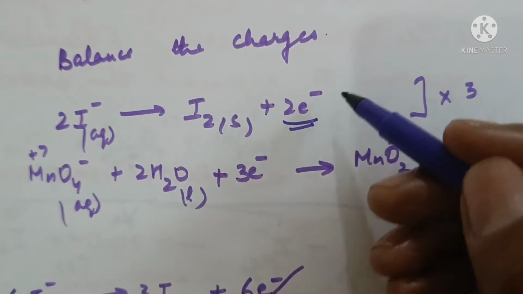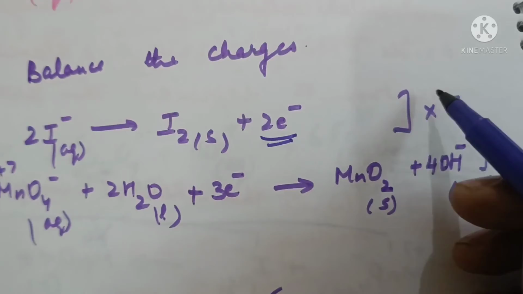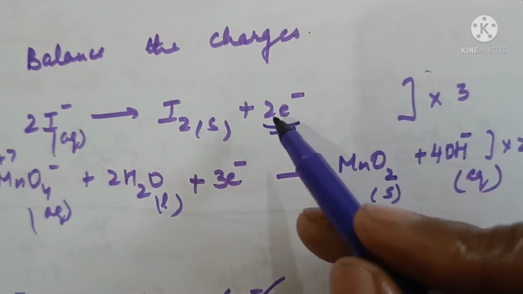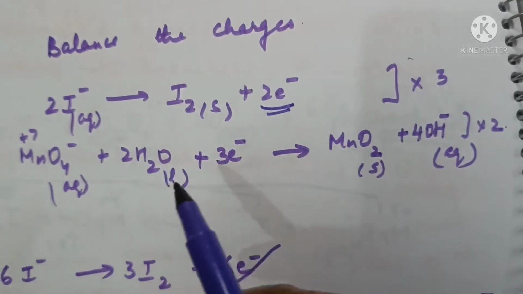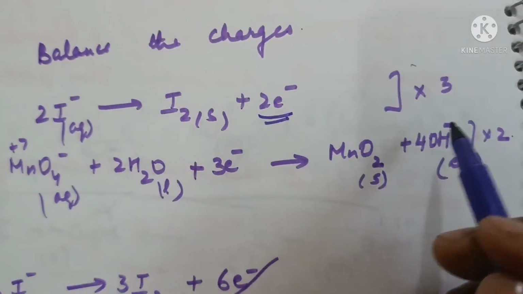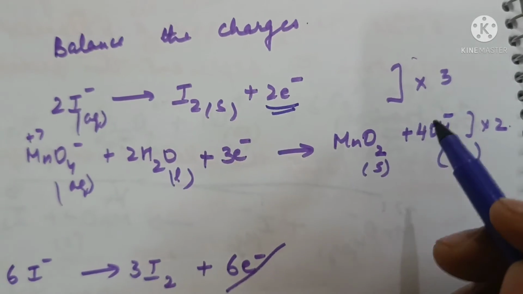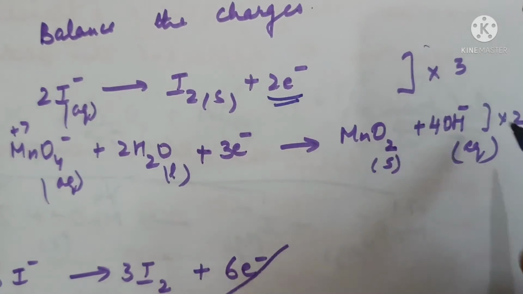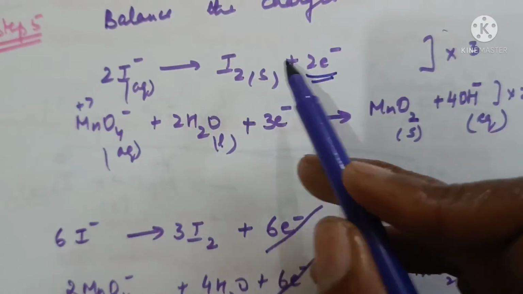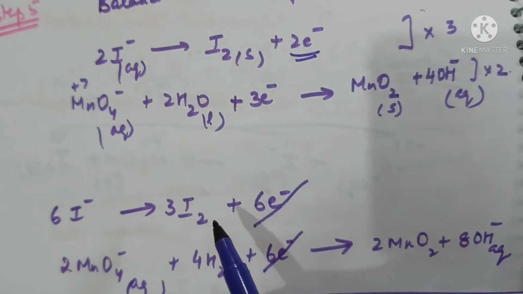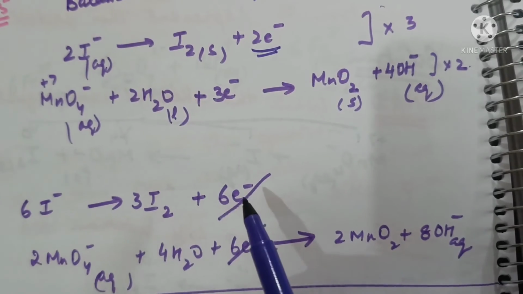But to make the number of electrons equal, we multiply this equation with 3 to make it 6 and this equation with 2 to make it 6. And then, after multiplying the equations with suitable numbers, we will add the 2 equations. So on multiplying, this equation becomes 6 iodide forms 3 iodine plus 6 electrons.